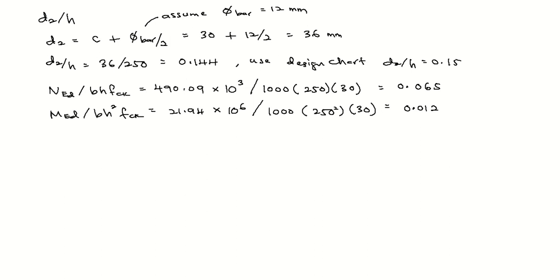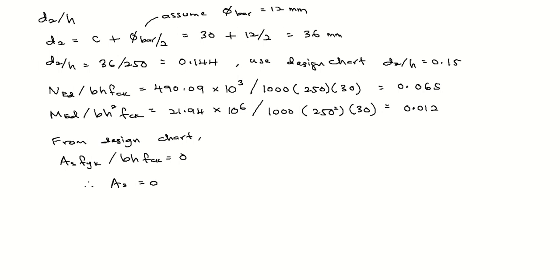So apparently from the design chart, AS FYK over BH FCK is equal to 0. Therefore, AS is also equal to 0.